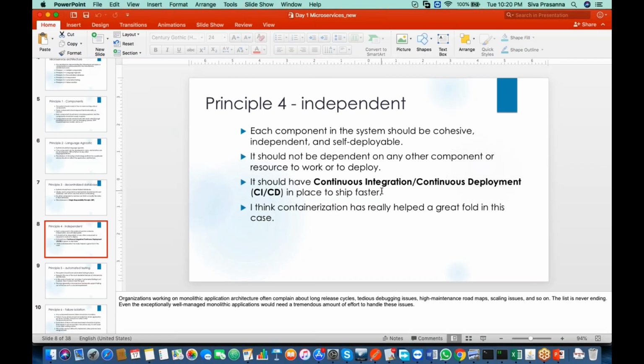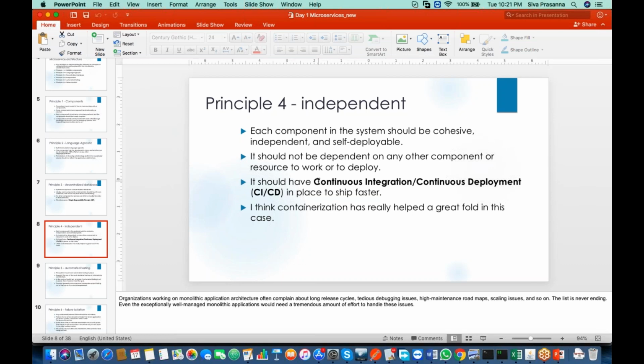That's the principle which we generally follow in many companies. So if this Docker goes down, it is independent of all the other Dockers. The Docker engine will not affect any other Dockers at all, right? That's how you establish independence within the services as well. So you'll be able to ship faster. So you need to have principles like continuous integration, continuous deployment in place to take advantage of some of these things.